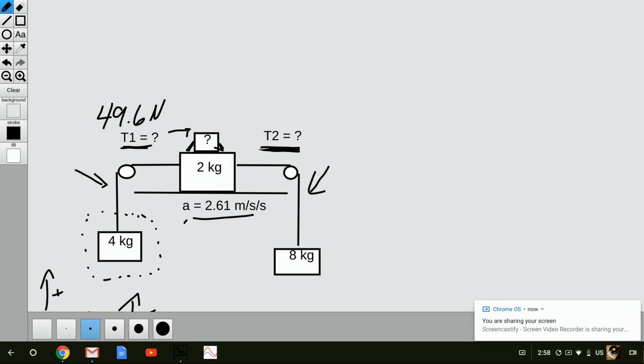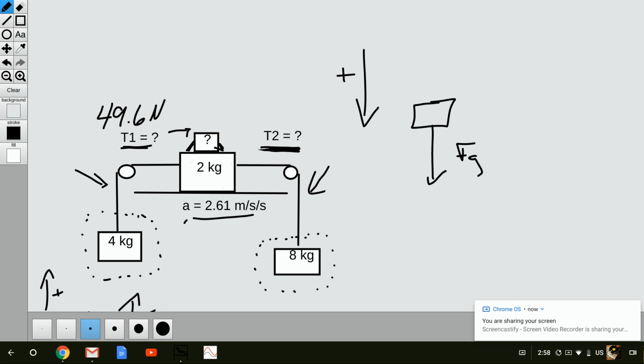Okay, now let's figure out what T2 is. To figure out what T2 is, let's isolate around the 8 kilogram mass. I'm going to draw the free body diagram right here. Now remember, on this side, since it's going clockwise, down is the positive direction.